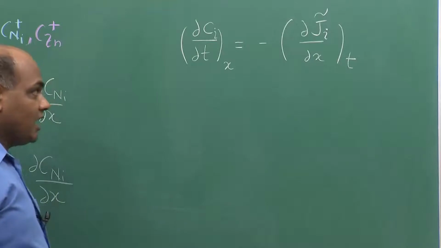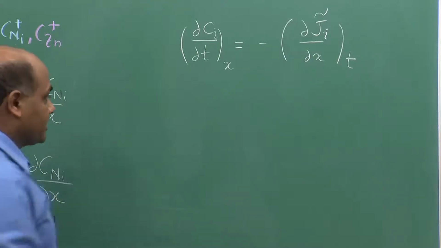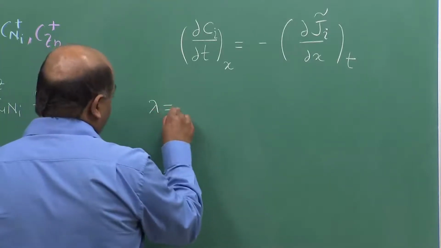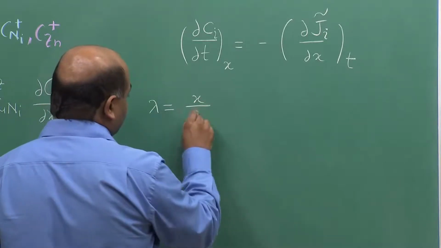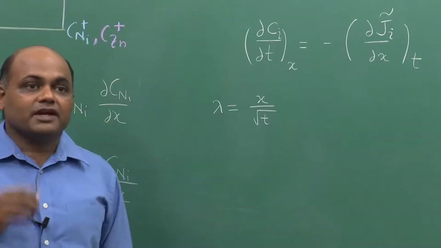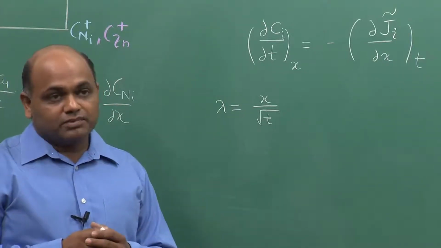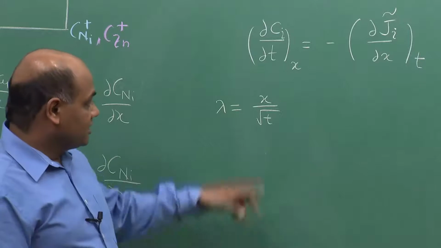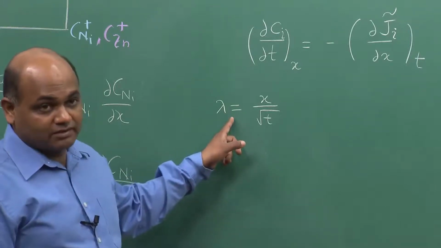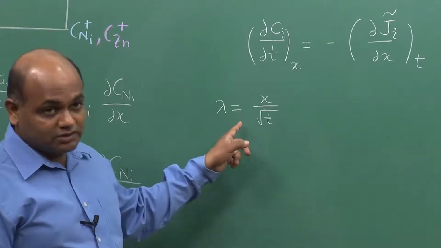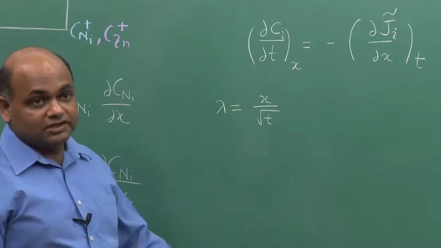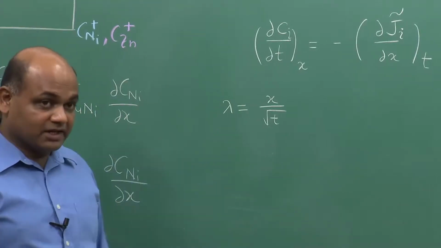Again, we would like to use the Boltzmann parameter here, or lambda, which is equal to x over root T. We assume that each composition plane that develops in a multi-component diffusion zone is also a function of lambda, and this has been shown to be true in many of the ternary diffusion couples experimentally.